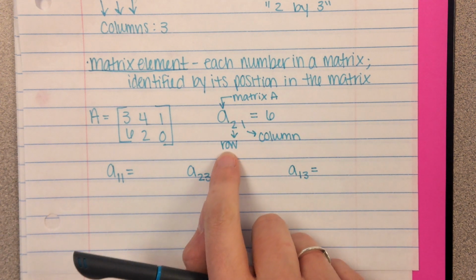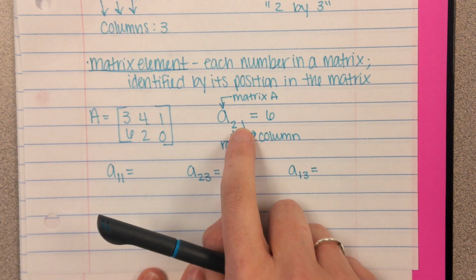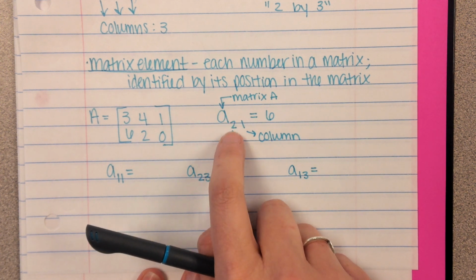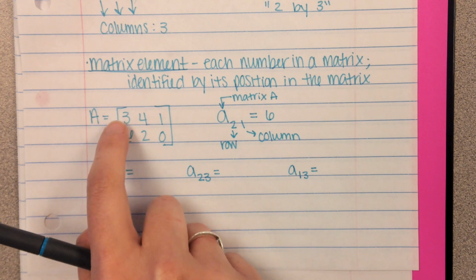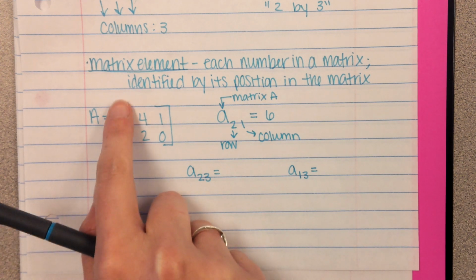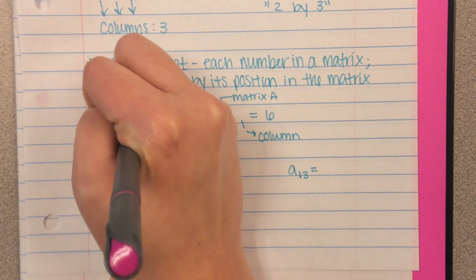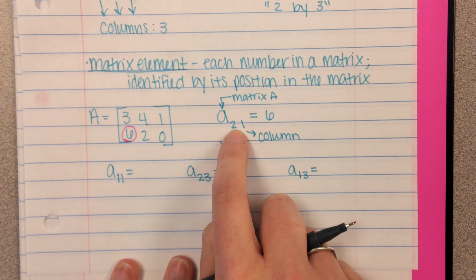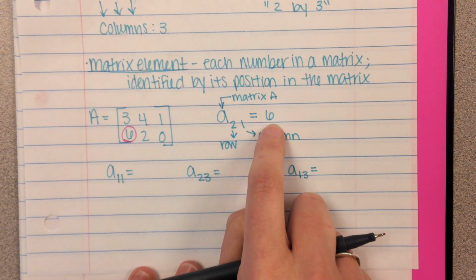The first number is the row where it's located, and the second number is the column. So this tells me I'm going to look in matrix A, row 2, column 1. So that's a 6. So element a sub 21 is 6.